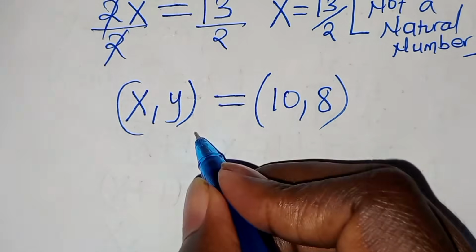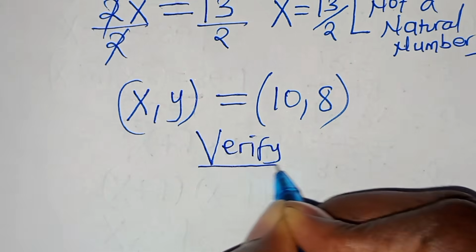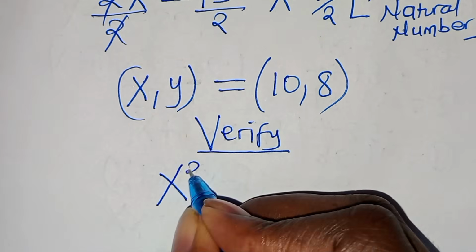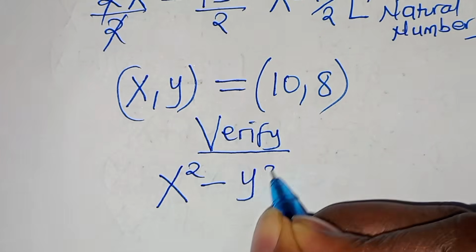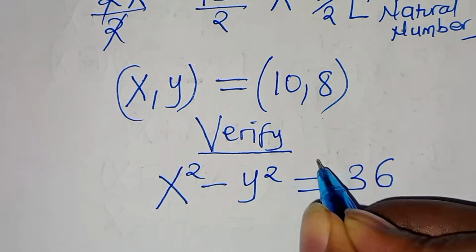Let's verify that x and y satisfy the equation. We have that x squared minus y squared is supposed to give us a value of 36.